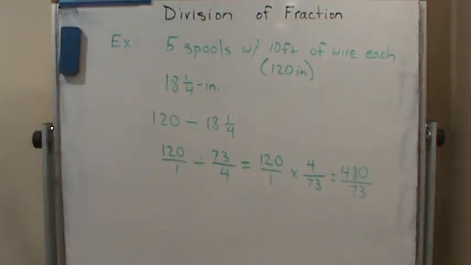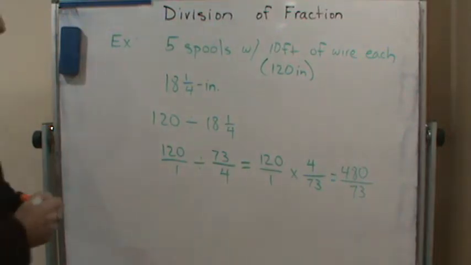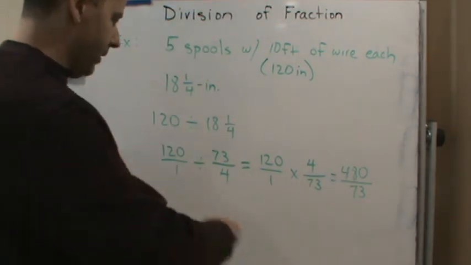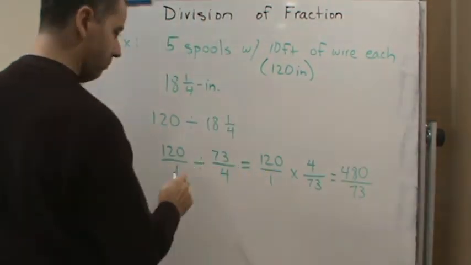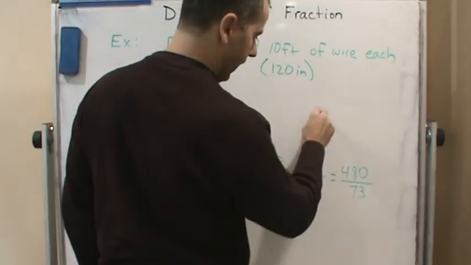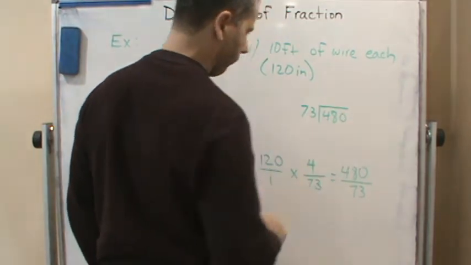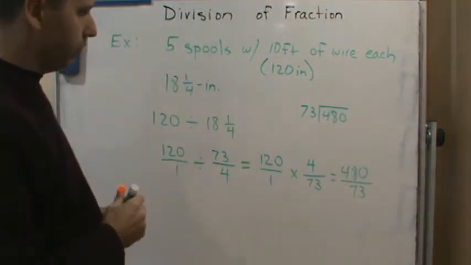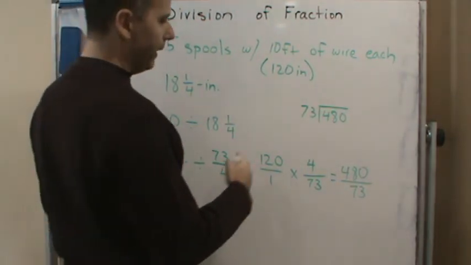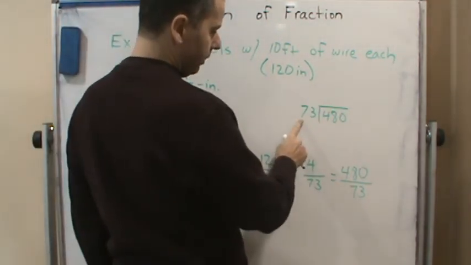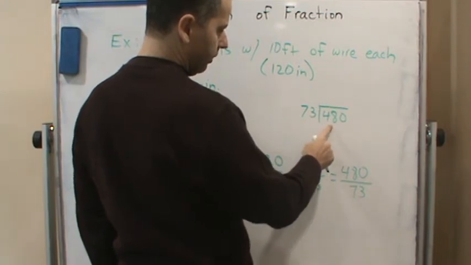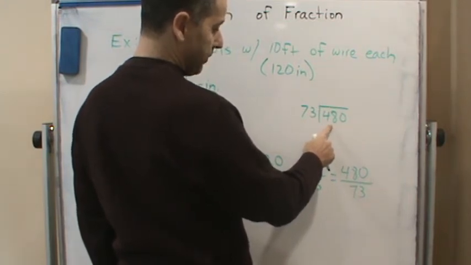Okay, now those are inches. Now here's the thing, I'm going to see how many whole pieces I get. So let's divide. Okay, so 70 goes into here about 6 times.